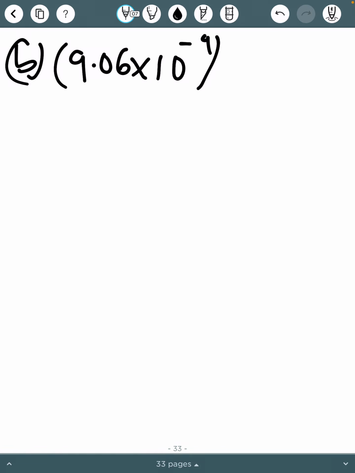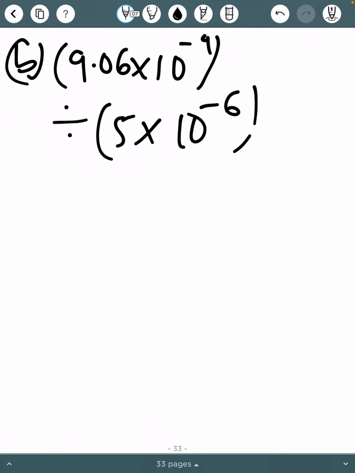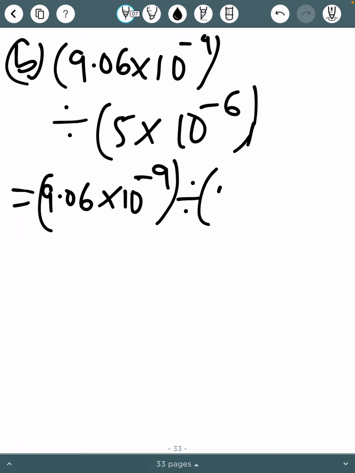Let's now go to question 5b. It says 9.06 times 10 raised to power minus 9 divided by 5 times 10 raised to power minus 6.